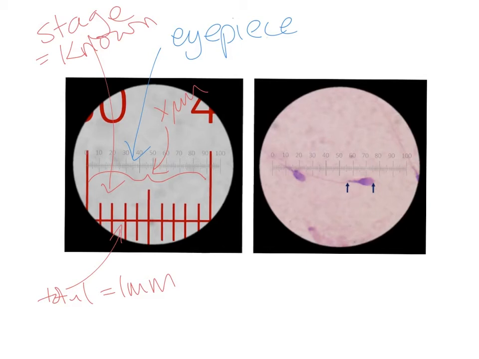If we look here, we can see that both of them line up at 0. Now our next question is, where do they line up here? We've got 92 units.